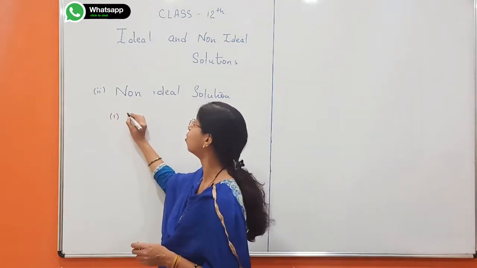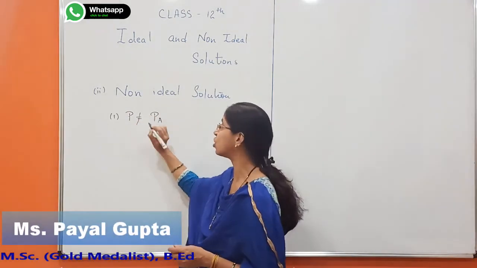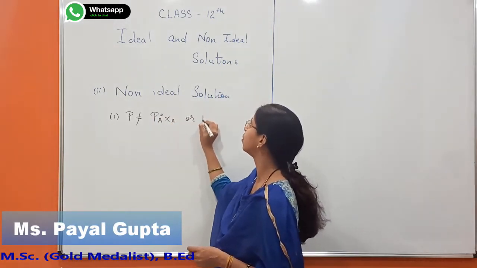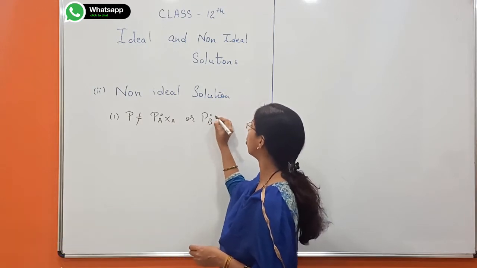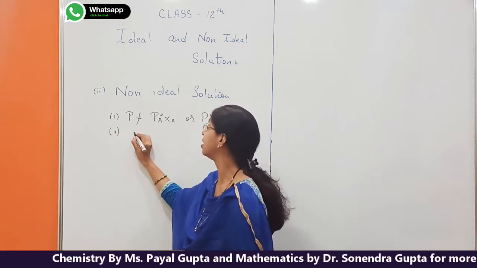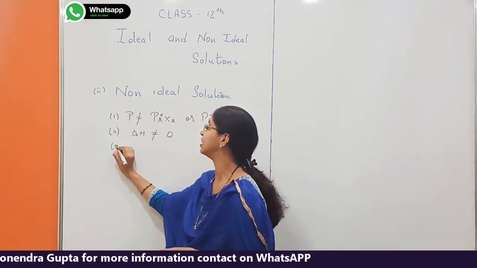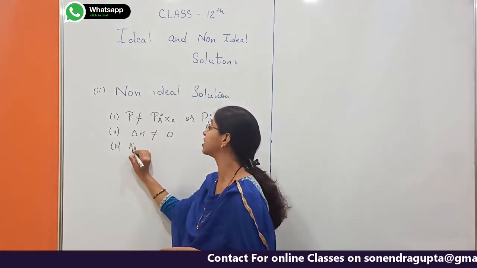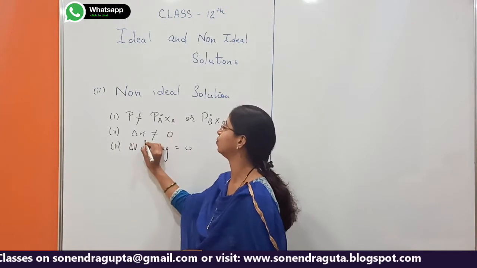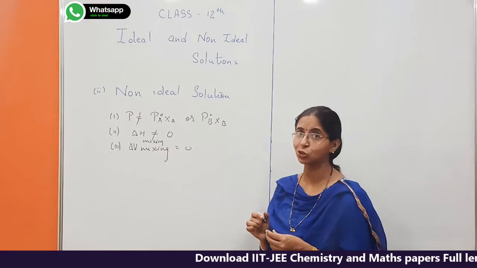They will not follow Raoult's law, meaning P is not equal to PA naught XA or PB naught XB. Second, delta H mixing is not equal to 0, and delta V mixing is also not equal to 0. Why? Because they are non-ideal, they are not following these rules.